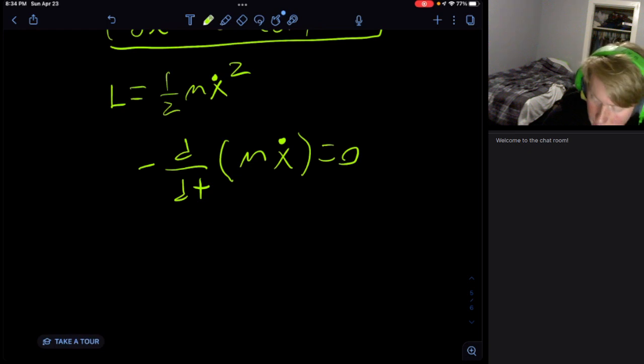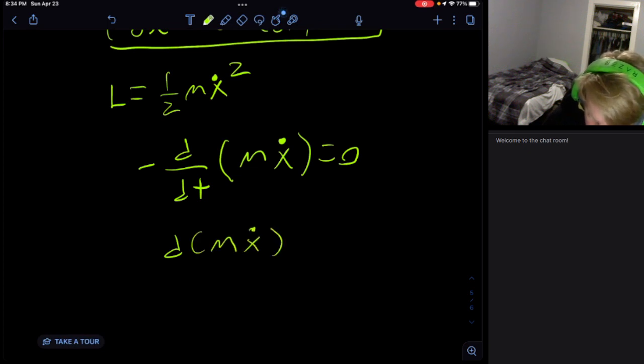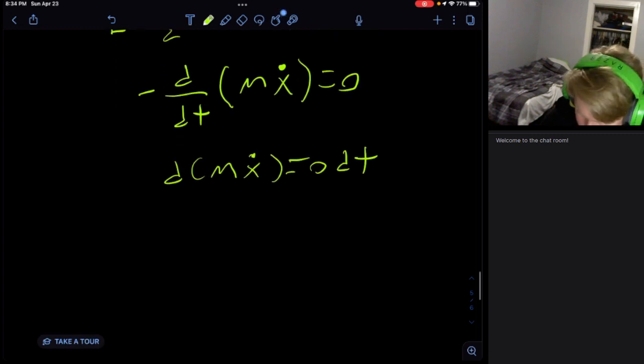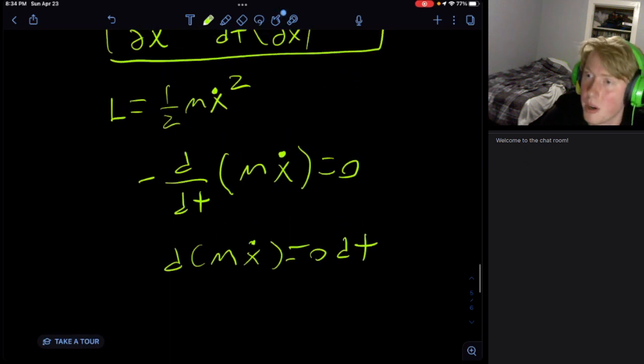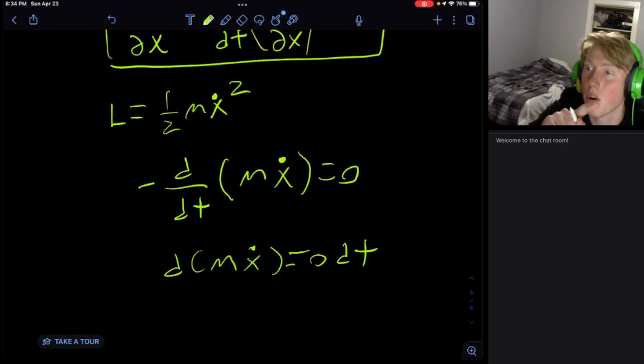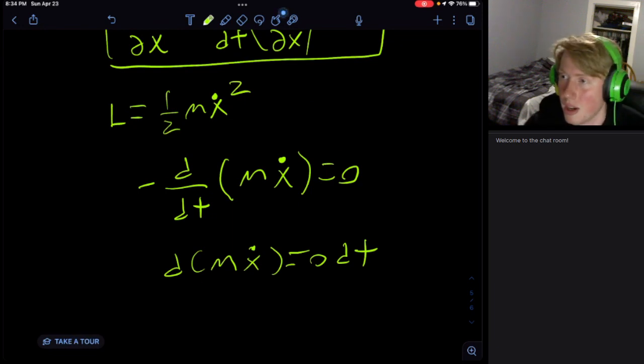So we would have d(m x dot) equals 0 dt, and if you integrate 0, you just get a constant. You could just assume that, because you already know it's true, but I'm trying to show that we don't need to know that.